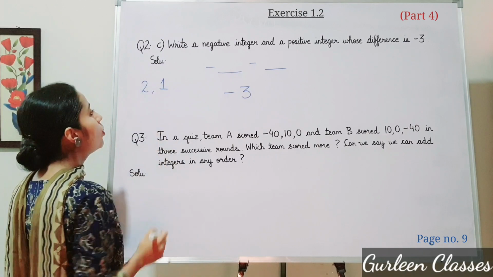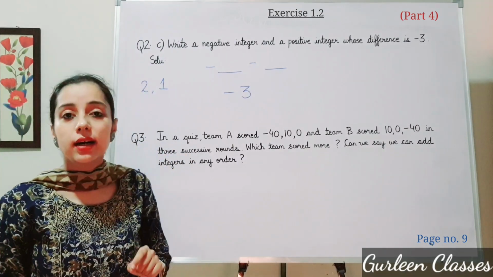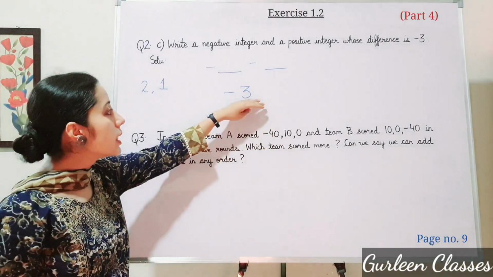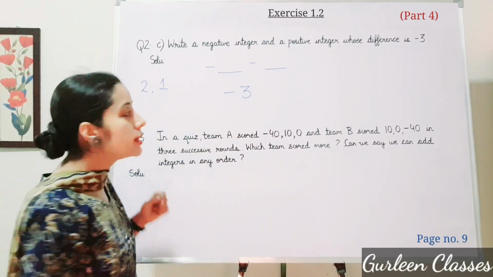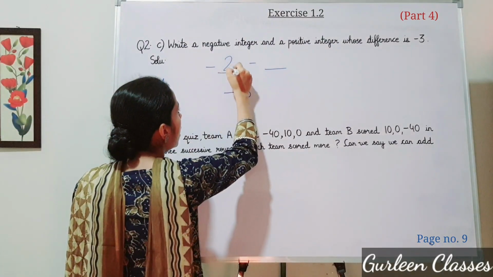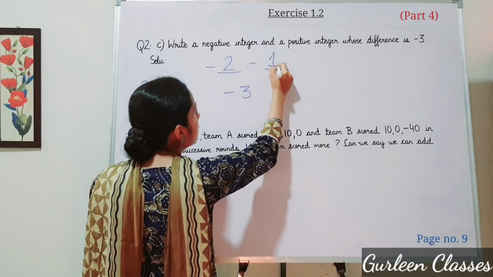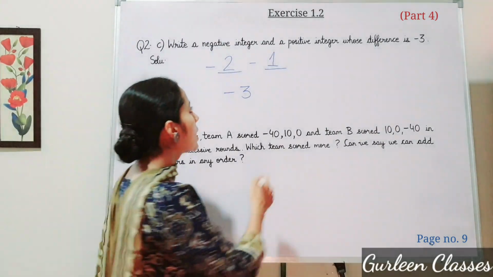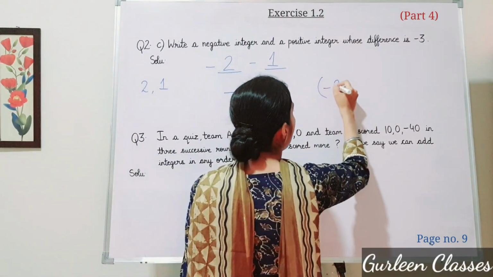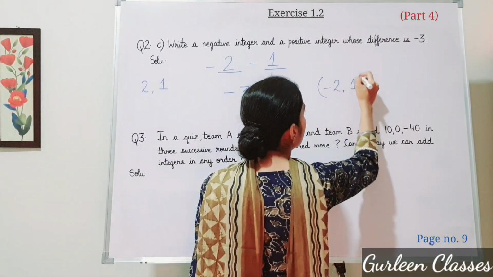Now we have to think which number is greater, 2, because here the number has a minus sign. So here 2 will be minus. So minus 2 minus 1, that is minus 3. So the negative integer and positive integer are minus 2 and plus 1.